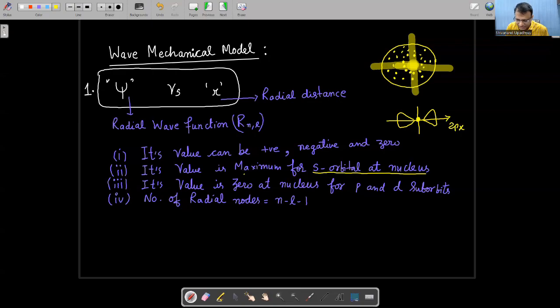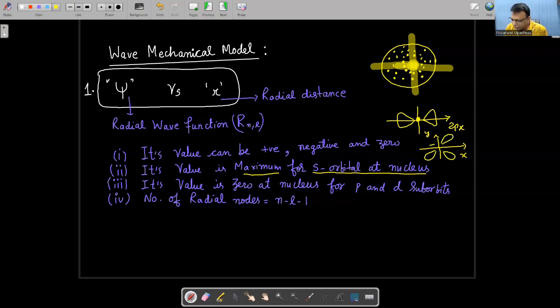But when we are discussing p orbital and d orbital, you can see the shape here. This is p orbital. Near the nucleus, psi square is 0, so psi will be 0. And again, if I take one example of d, suppose we are discussing 3dxy. So this is the x-axis, this is the y-axis, and this is the shape of the 3dxy orbital, a double dumbbell shape.